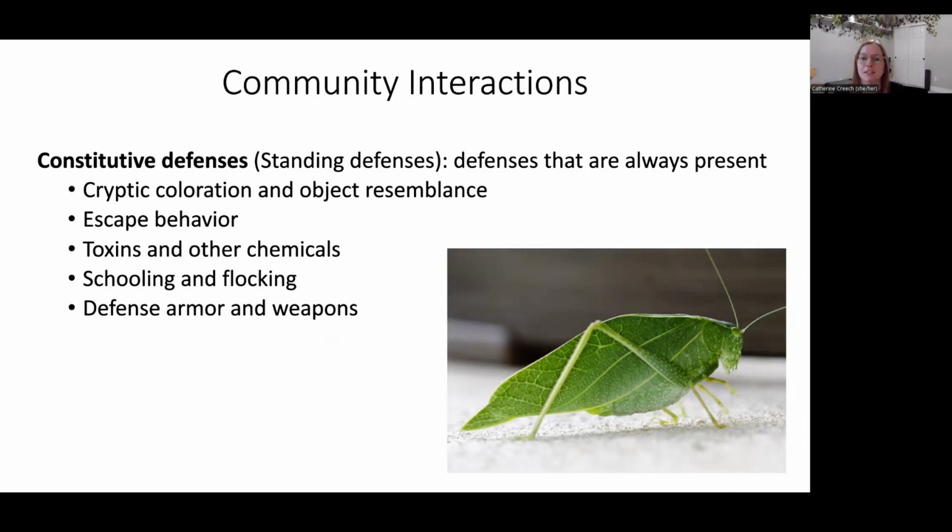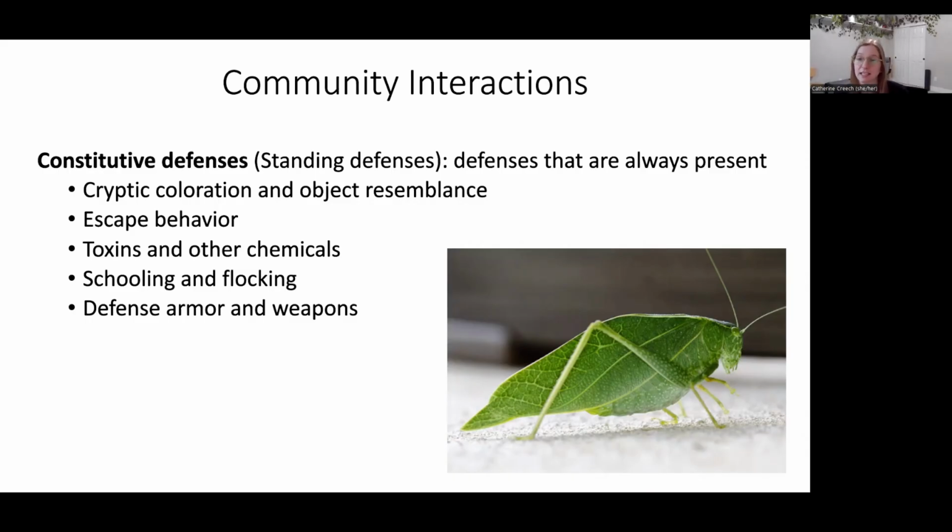Camouflage is called cryptic coloration or object resemblance, but camouflage is the word that we use most commonly. The example we have right here is a leaf katydid. It's shaped like a leaf. The venation pattern looks like a leaf. And if that katydid, which is a bug, holds still, maybe a predator will think it's a leaf and just go away and not try and eat it.